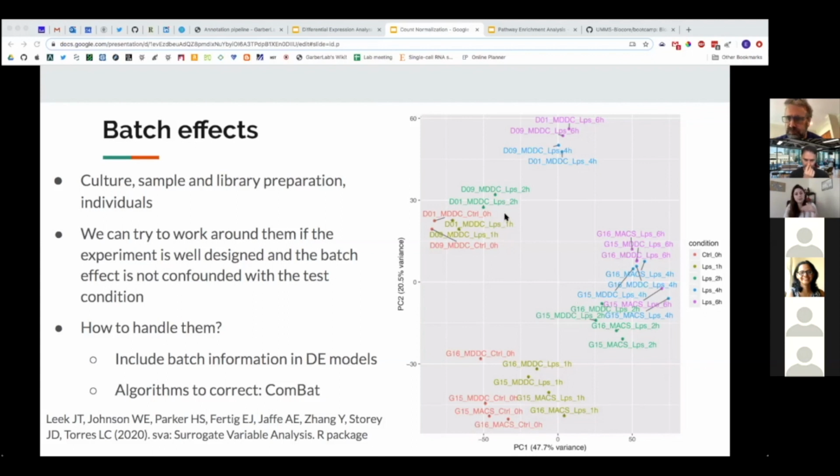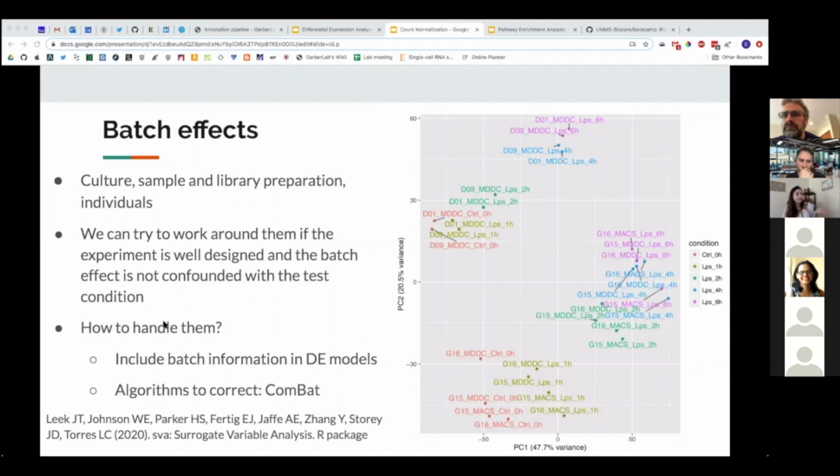What we want to see is the difference in transcription before and after stimulation. But what it's showing, as you can see in this PCA, is that things are mostly clustering by donor. So you have all the D donors over here, and you have all the G donors over here because they were prepared largely at different times, and different individuals show this variation to begin with.